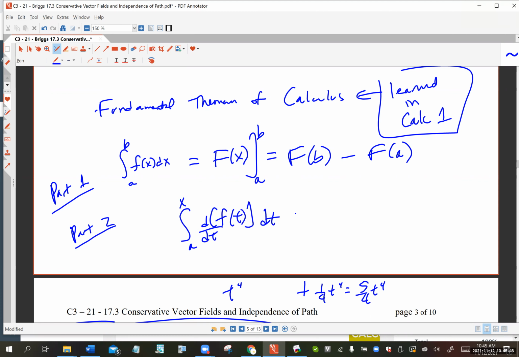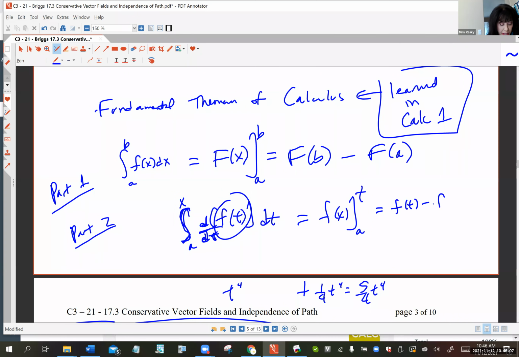It basically is saying that if you're going to integrate a derivative, because integration and differentiation are inverse operations of each other, you'll just get the function. And then you'll evaluate it between whatever the limits are. And so here, f of t minus f of a. Okay, so that's basically part 2 of the fundamental theorem of calculus.